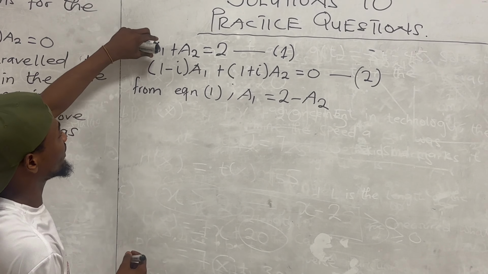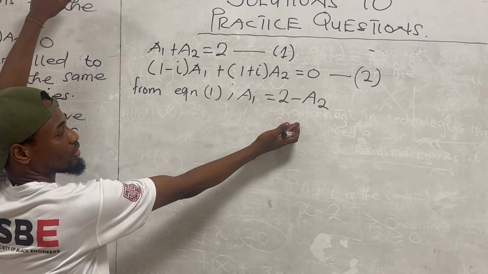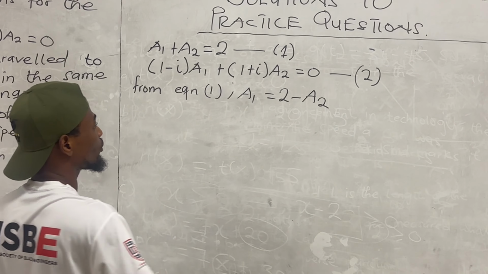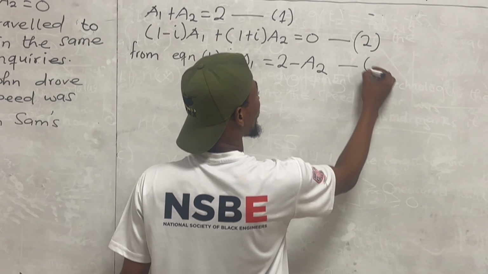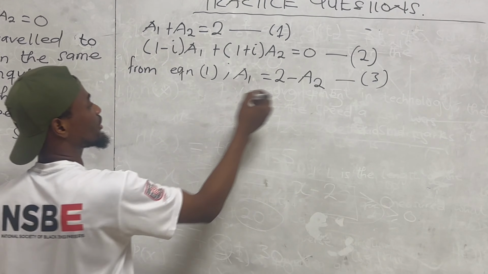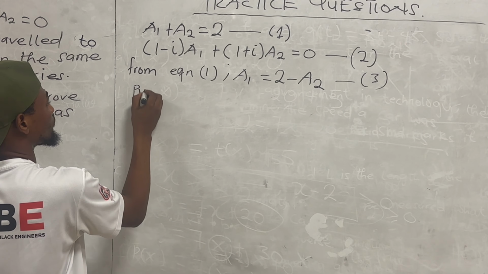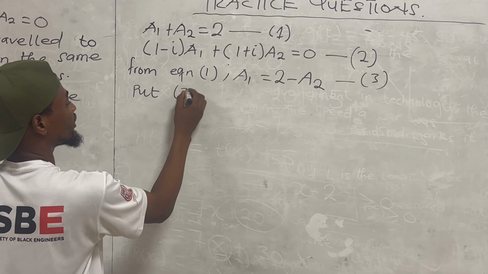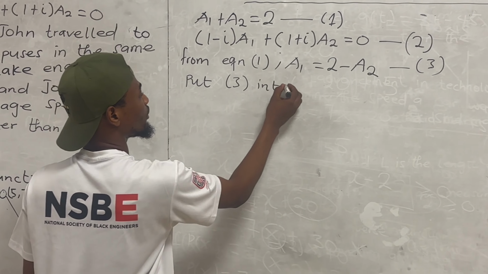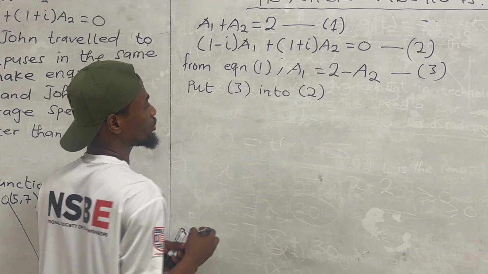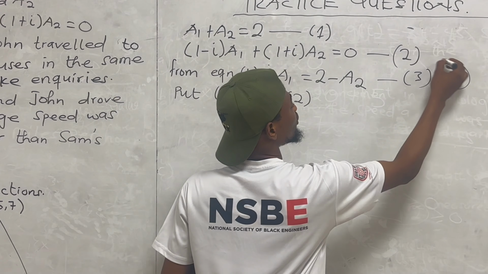I maintain this, then I allow this to cross. So I can call this equation 3. Put equation 3 into equation 2. So substitute this into that.